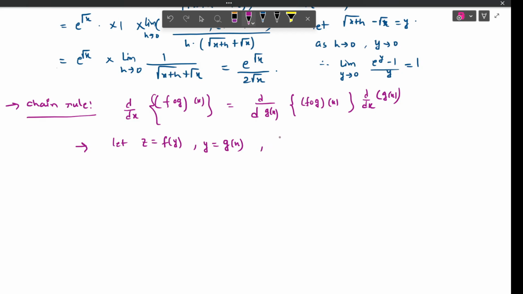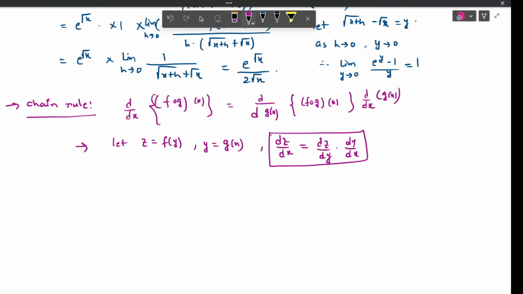And we want to find out dz by dx. Okay, but y is a function of x. So you can write dz by dx as dz by dy multiplied by dy by dx. This is known as chain rule. Okay, this is the simple format of chain rule.